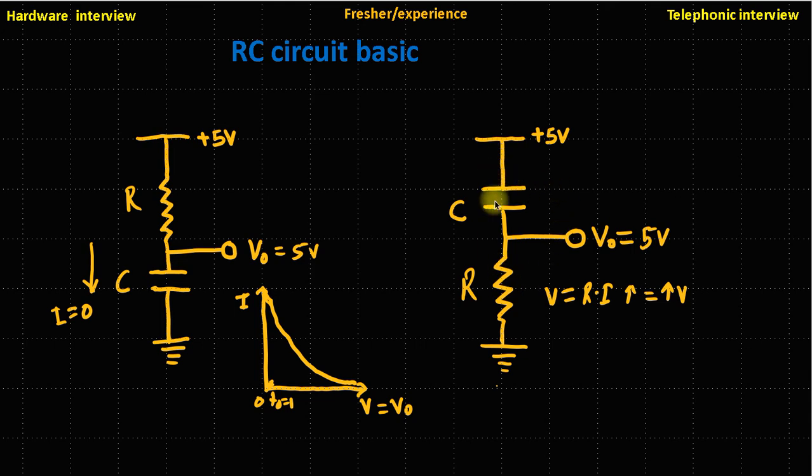Then after some time when the capacitor charges, the current will be 0. So the current will also decrease like this and the voltage will decrease like this here.